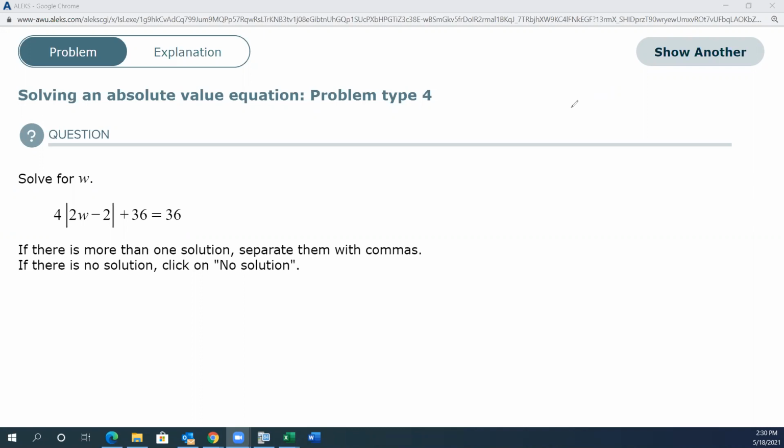But we use the same rule we did on the last problem. We need to first get the absolute value expression by itself. So we got to move the 4 and the 36 away from it. Well, it's basically like saying 4x plus 36 equals 36. What would you do?